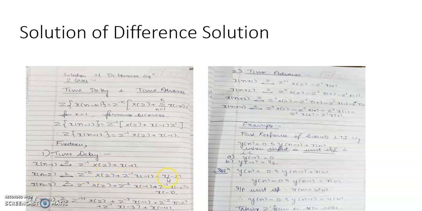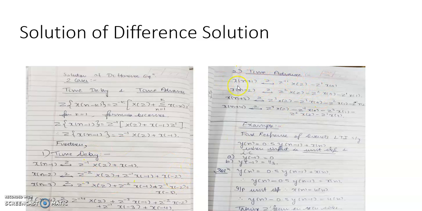X of n minus 3 will be z to the power minus 3, z to the power minus 2, z to the power minus 1, and z to the power 0 terms. X of n minus 4 will be z to the power minus 4, minus 3, minus 2, minus 1 and z to the power 0. Every time you get a question, convert it into this extension.